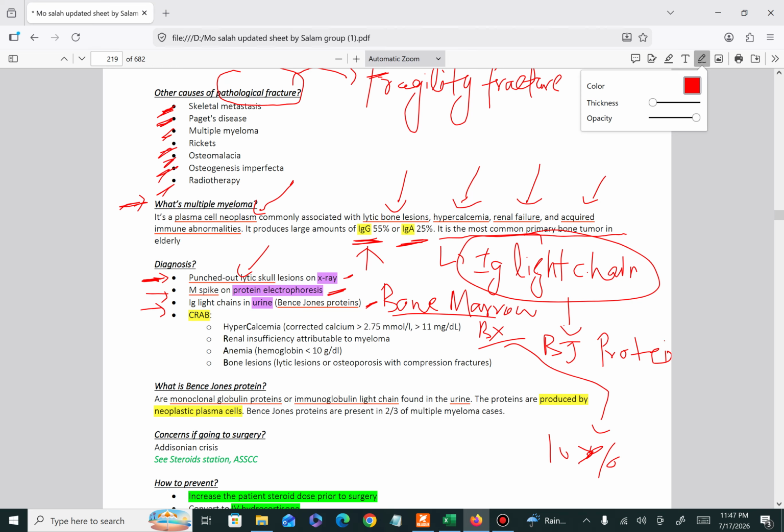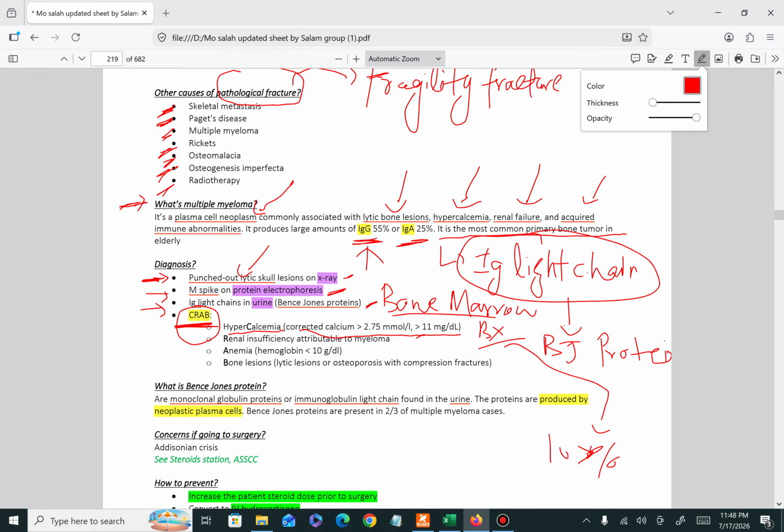Now, through the clinical features we can also diagnose. We can remember the clinical features by the mnemonic CRAB. C is for hypercalcemia, corrected calcium more than 2.75 millimole or more than 11 milligram per deciliter.